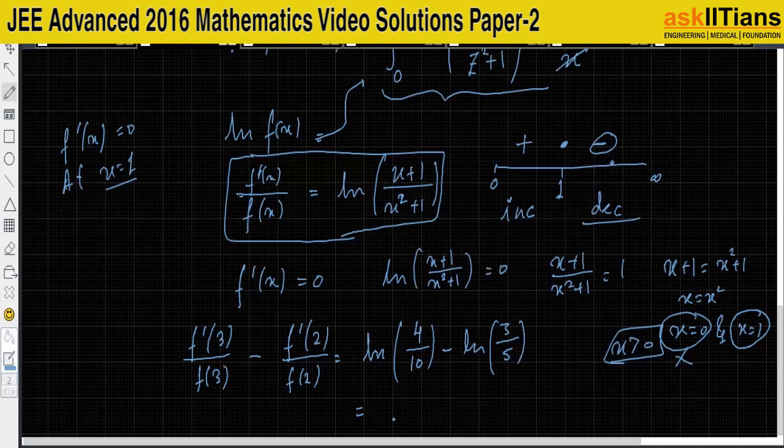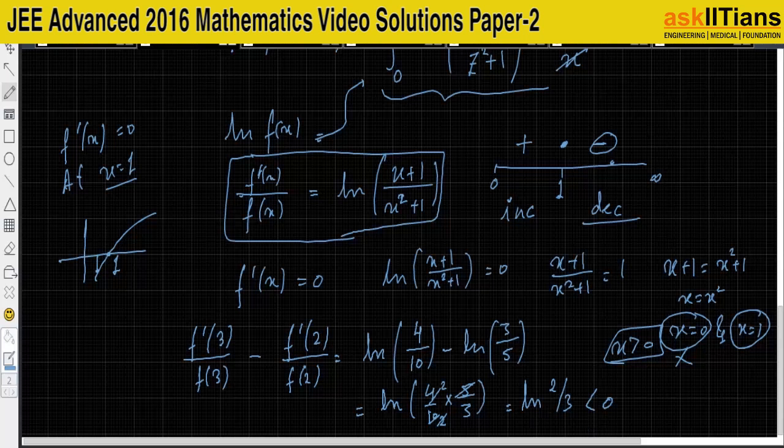So I'll get this, and this is nothing but 4 by 10 and its division by 3 by 5. So this is ln of 2 by 3. Now what we have to check is whether this is less than or greater than 0. So ln 2 by 3 will be a positive quantity or a negative quantity. Graph of ln is like this, at x equal to 1 it's 0, so 2 by 3 will be somewhere here, so this will be a negative quantity.